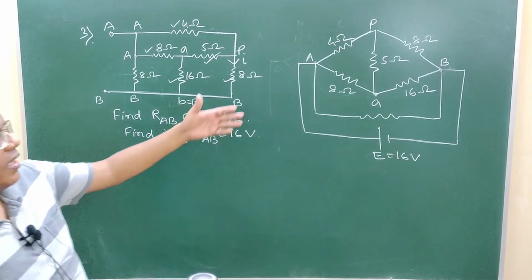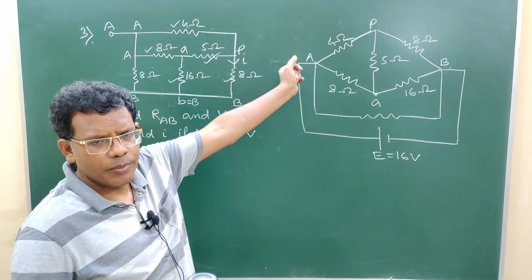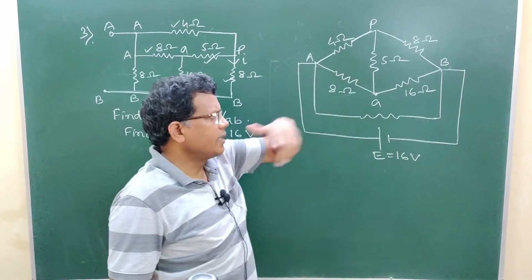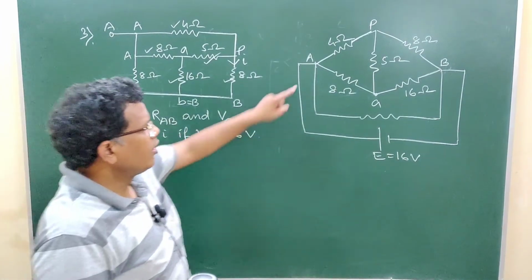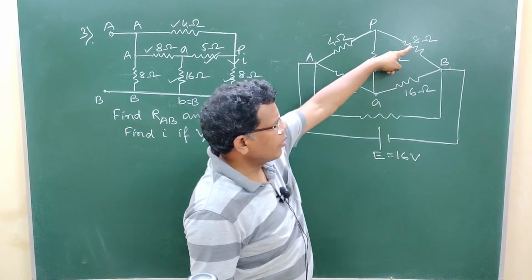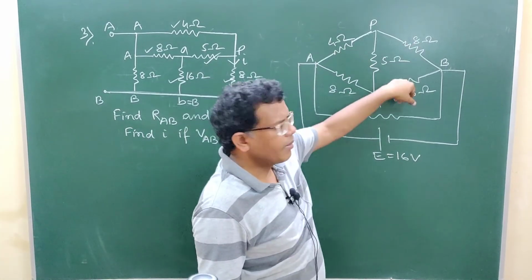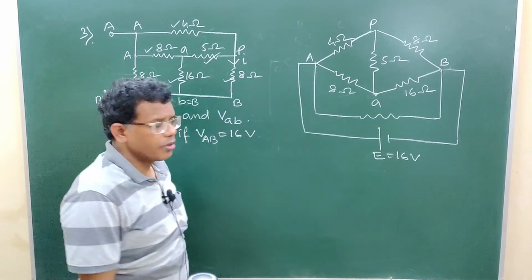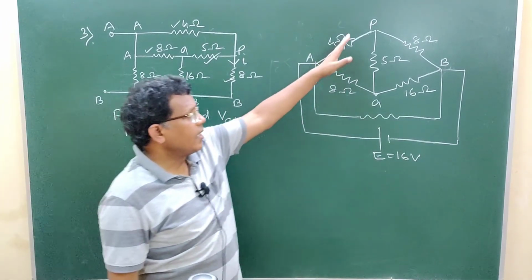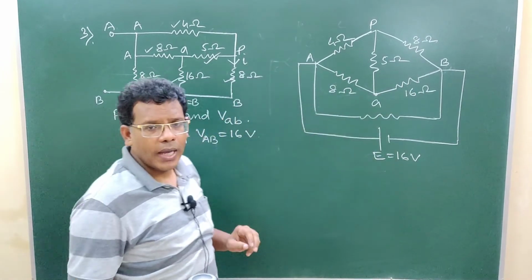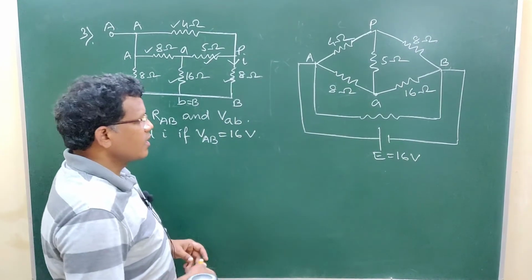So again we can see there is a balanced Wheatstone bridge arrangement. 4 by 8 is equal to 8 by 16. R1 by R2 is equal to R3 by R4. 4 by 8 ratio 1:2. 8 by 16, that is also 1:2. So therefore we can say the ratio of these two is equal to the ratio of these two. So it's a condition of balanced Wheatstone bridge.